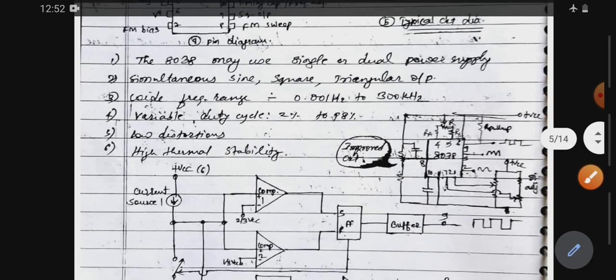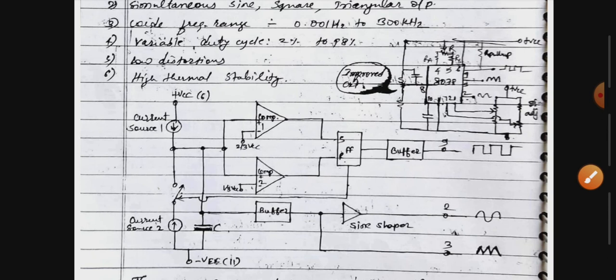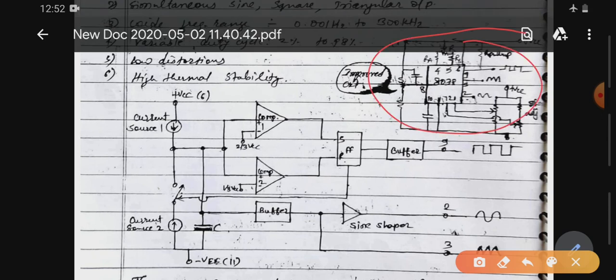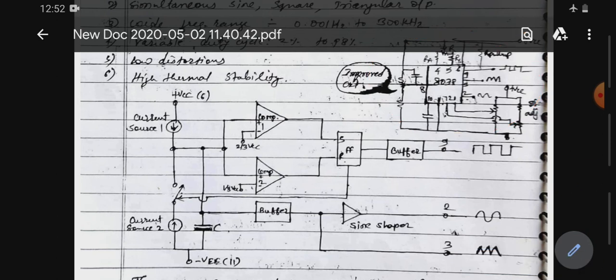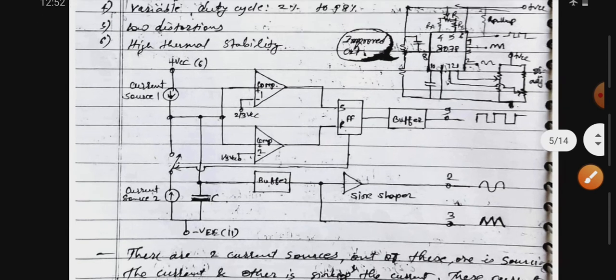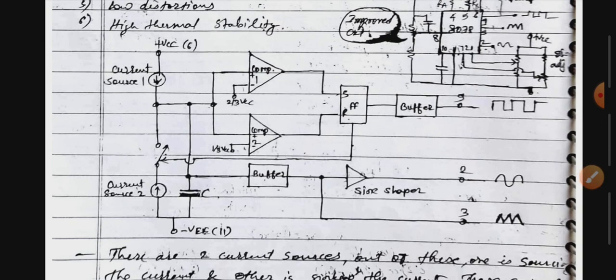Okay, here you can see the improved circuit diagram also, but we will not focus on this. From an exam point of view, we will focus on the typical circuit diagram, which we have explained already. Now this is the internal circuit diagram. You can see in the internal circuit diagram, it's a little bit simplified.